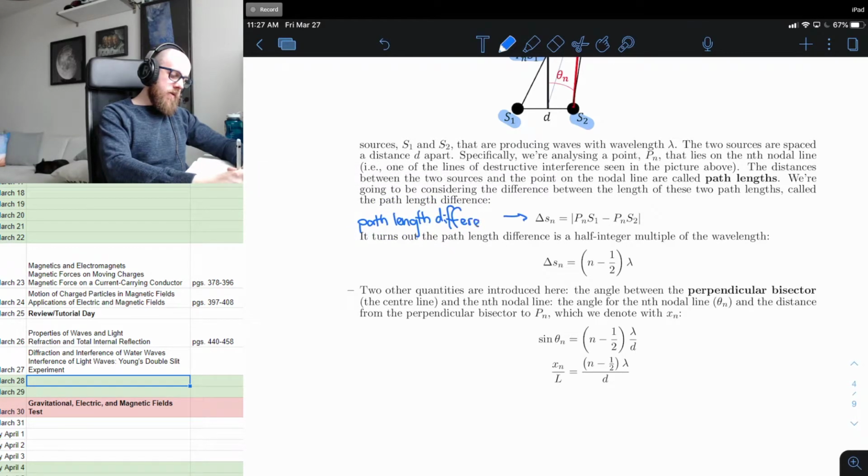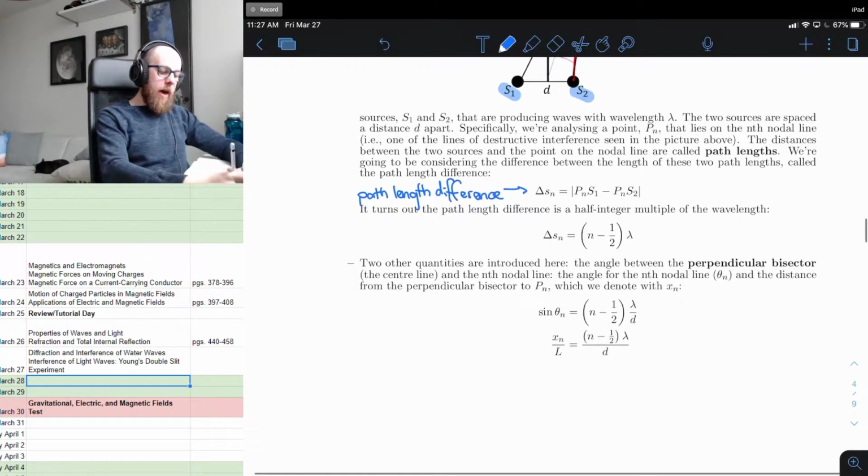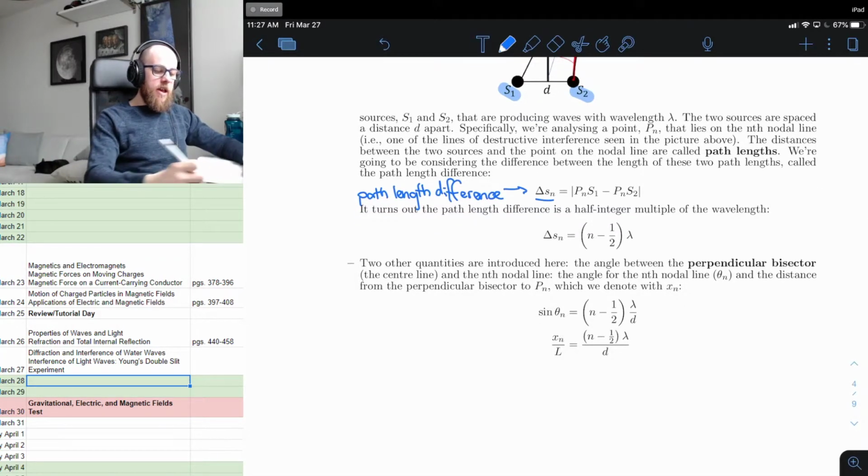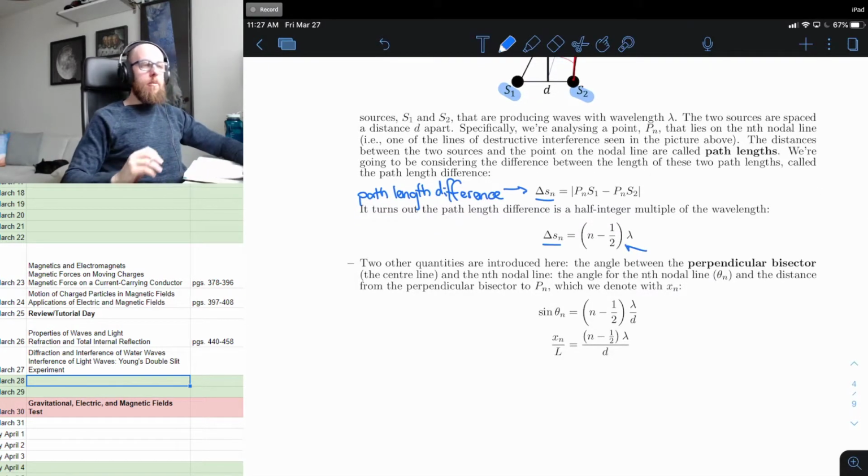Difference, okay. And it turns out that the path length difference is a half wavelength multiple of the wavelength. So it's some sort of half integer multiple of whatever the wavelength is of these waves. That's a really neat relationship.